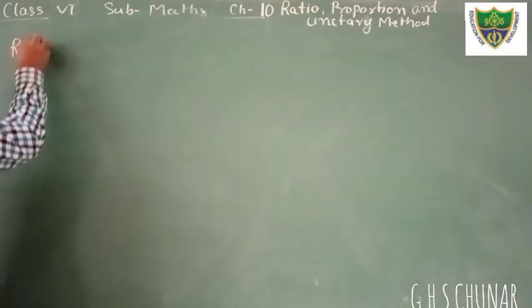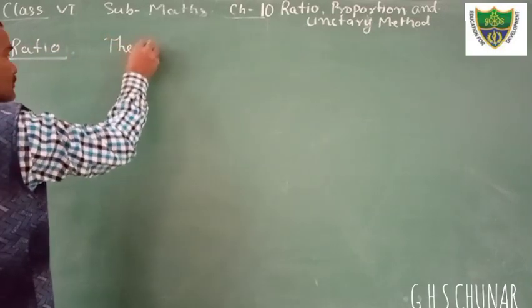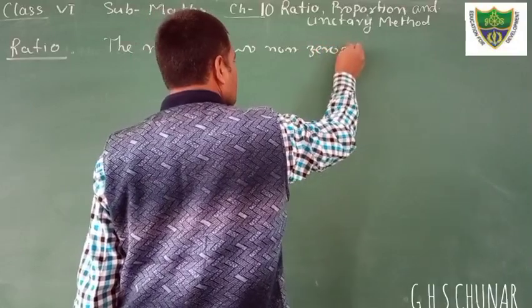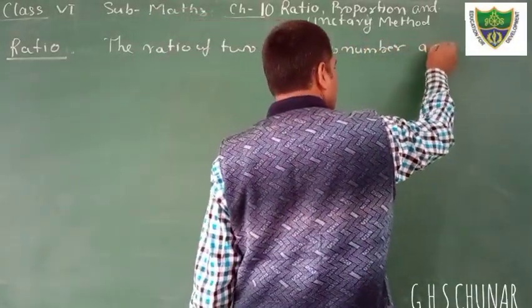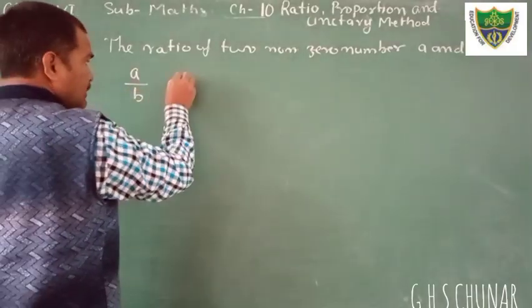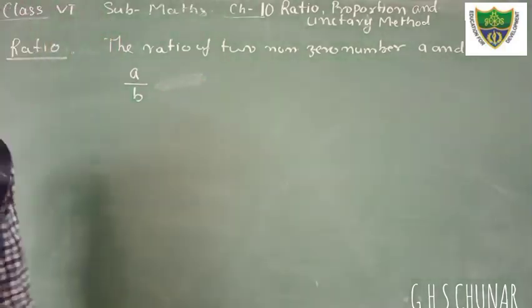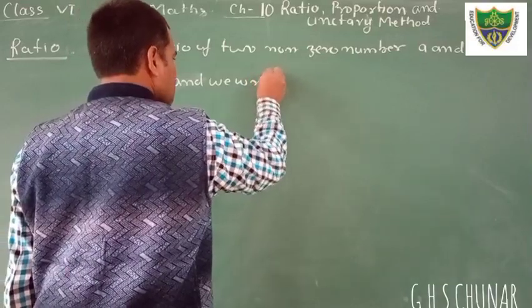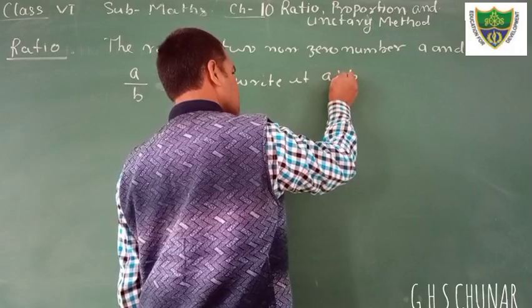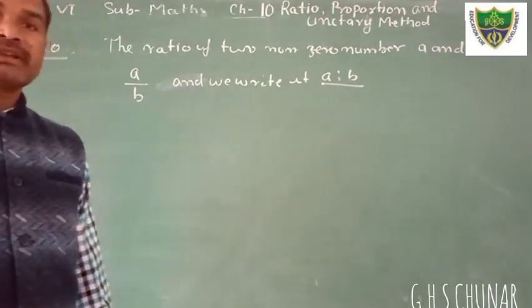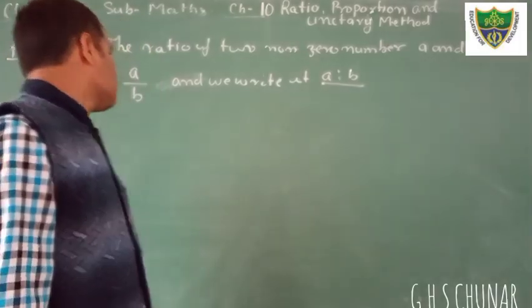The ratio of two non-zero numbers A and B is A upon B, and we write it as A ratio B. To find the ratio of two non-zero, same-type quantities, we take A upon B.